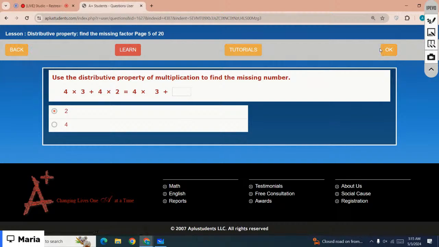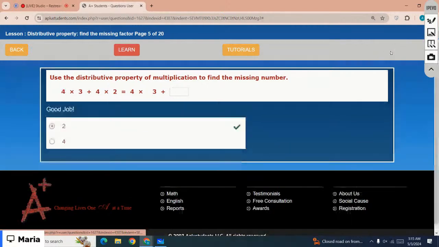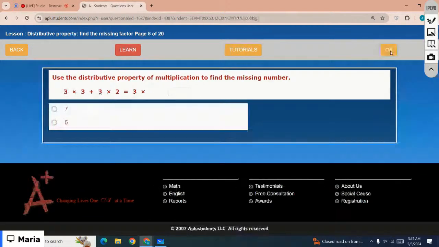Okay, use the distributive property of multiplication to find the missing number.